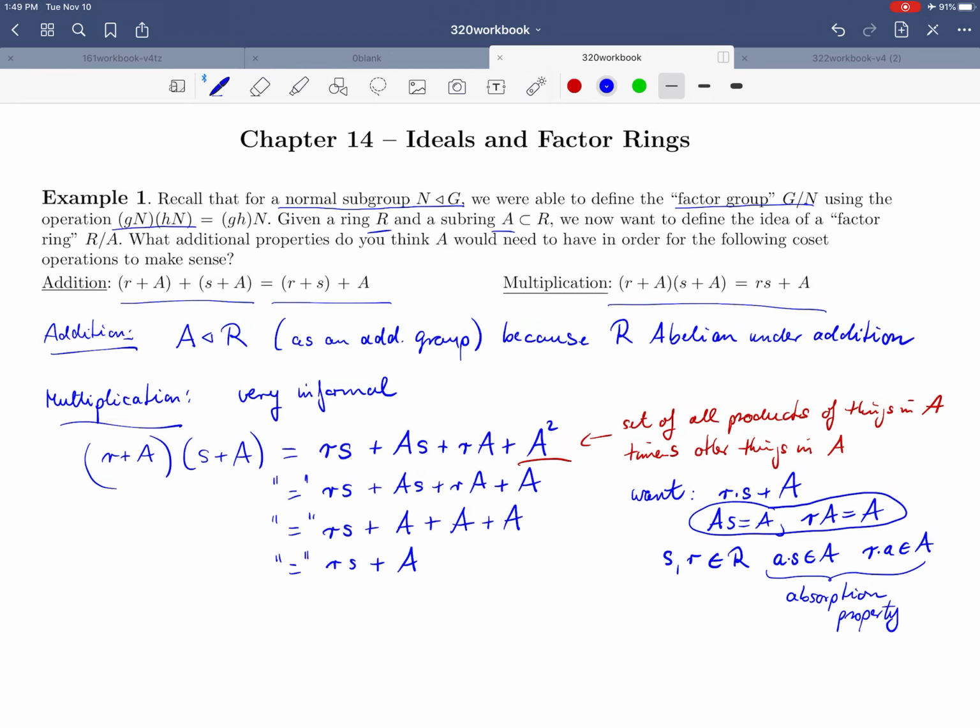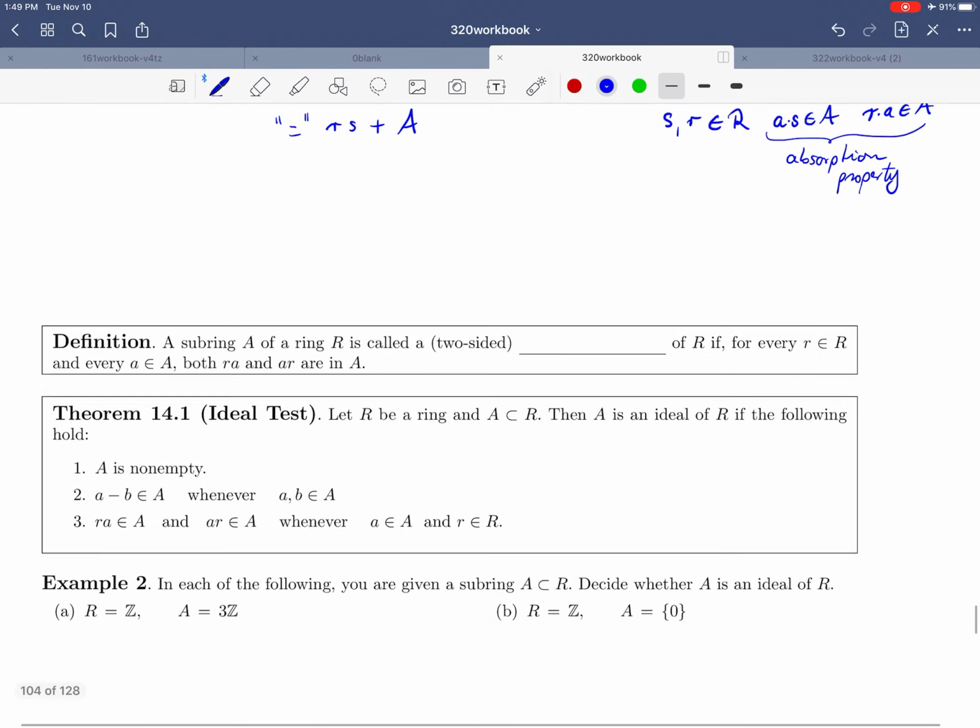That's what we would like our subring A to have, this property, in addition to just being a subring. And any subring that has this property gets a new name. We are going to call it an ideal. And that's our definition right here.